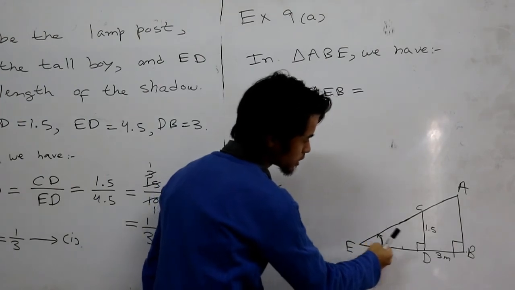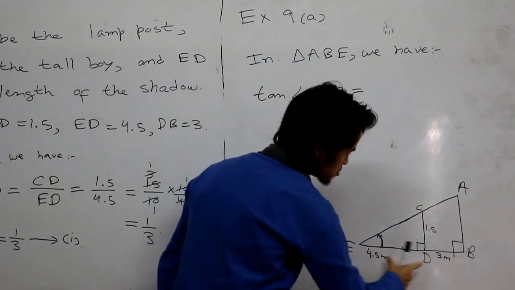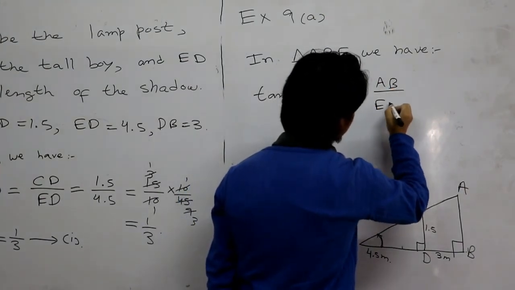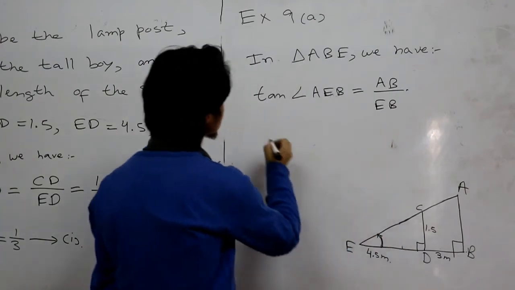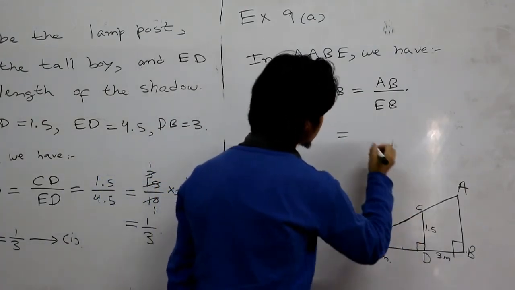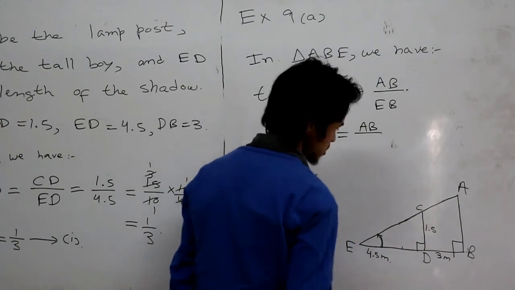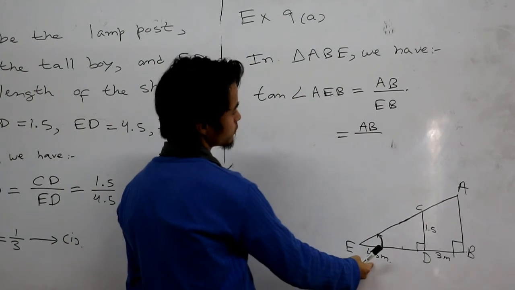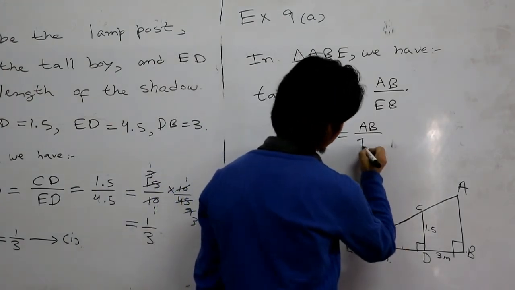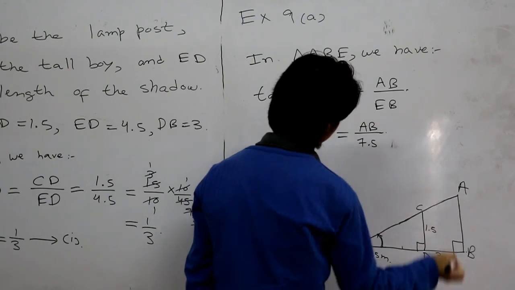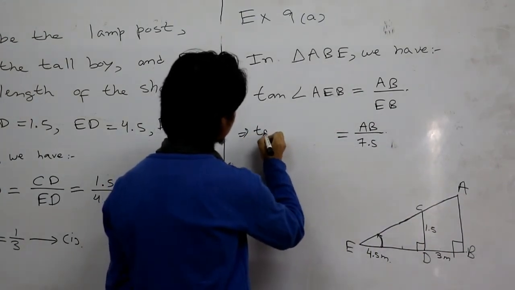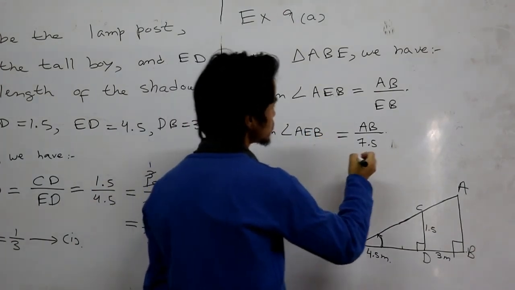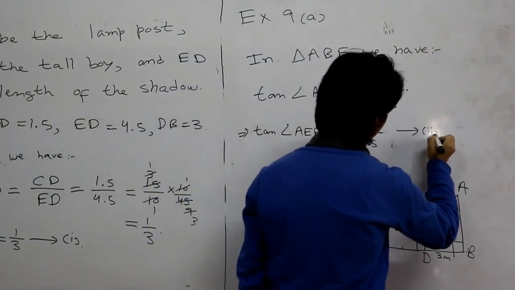With respect to this angle, this will be the perpendicular and this EB will be the base. So we'll have AB by EB. AB is not given, so we just write it as AB. But EB is ED plus DB, so we can add 4.5 and 3, we'll get 7.5. And so we have tan of angle AEB is equal to AB by 7.5.